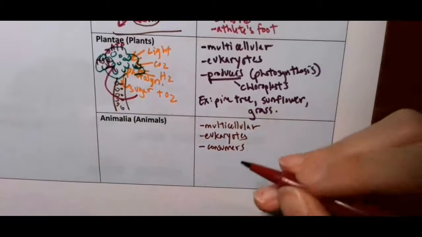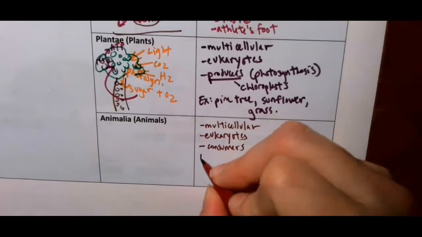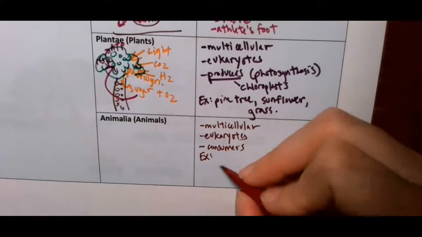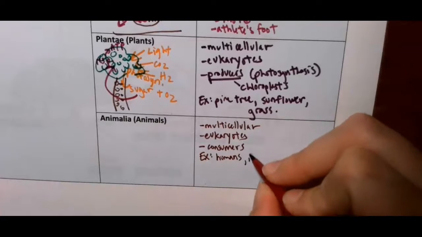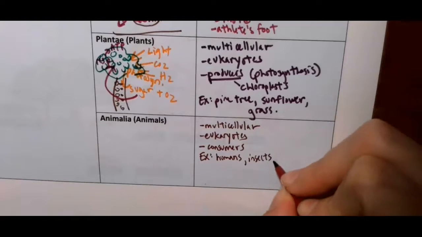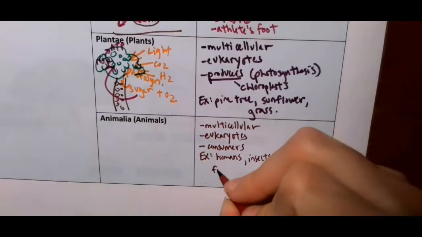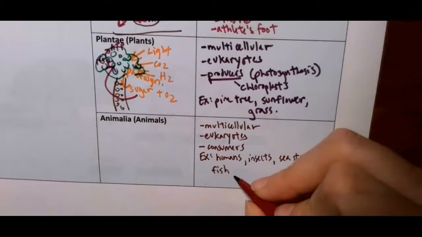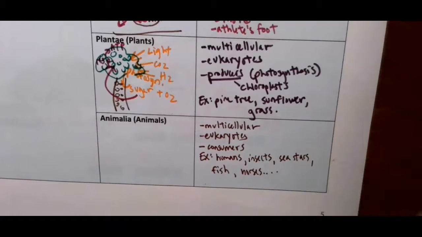Herbivores, omnivores, scavengers, right? And examples of animals include humans, include insects, include sea stars, include fish, right? Include horses. So many animal examples we can think of.